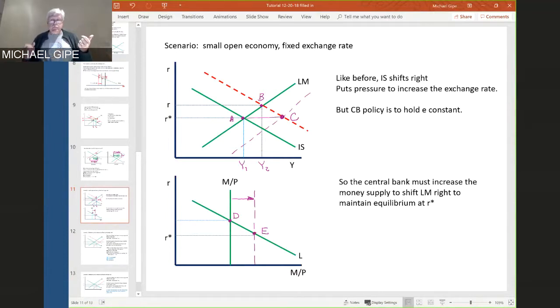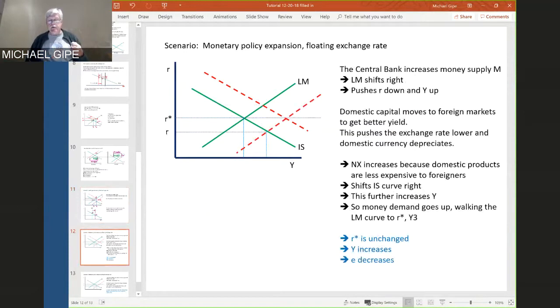So we looked at the fixed exchange rate and the market-based floating exchange rate for a fiscal policy action. Let's take a look at what would happen in the same two cases if we have a monetary policy change. For an example, we'll take a monetary expansion.